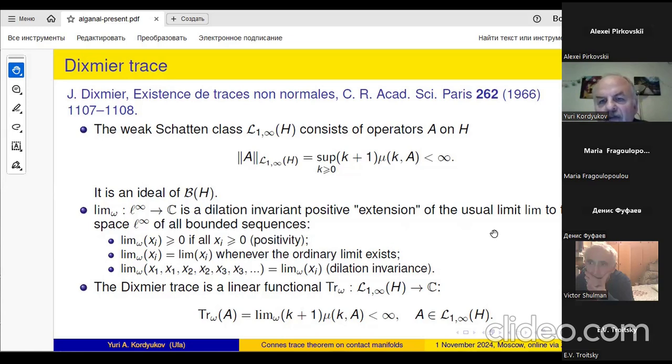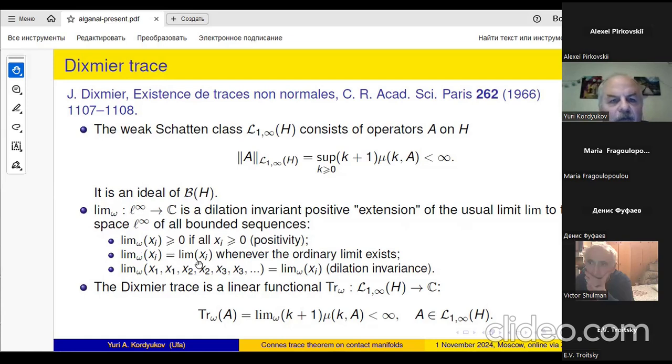So we take the usual limit and extend it to the space l infinity of all bounded sequences. So let's consider any extension of the usual limit to a linear functional which is dilation invariant and positive. Which means the following. The limit is non-negative if all terms of the sequence are non-negative.